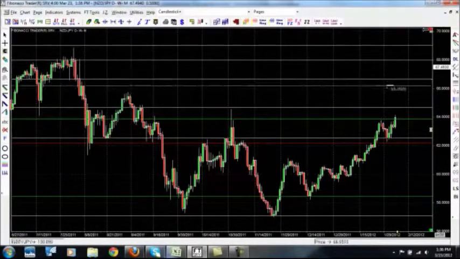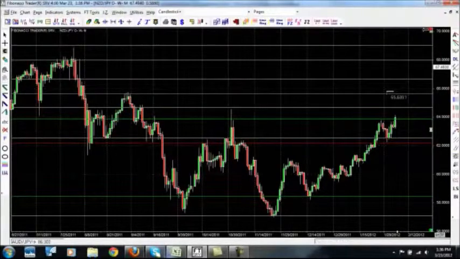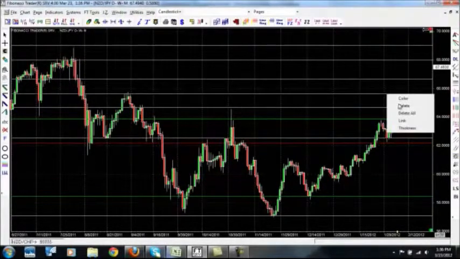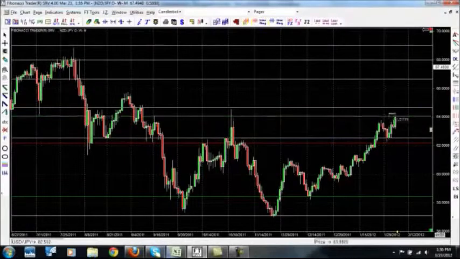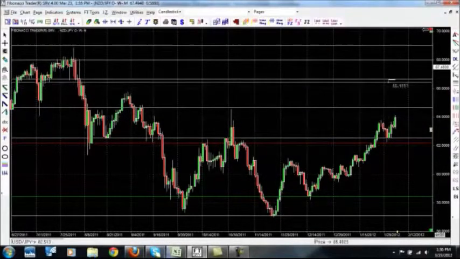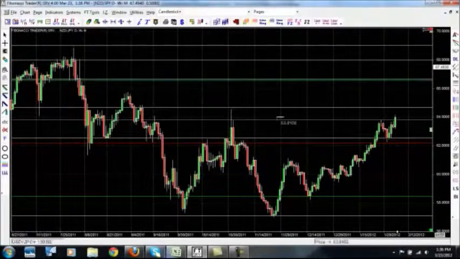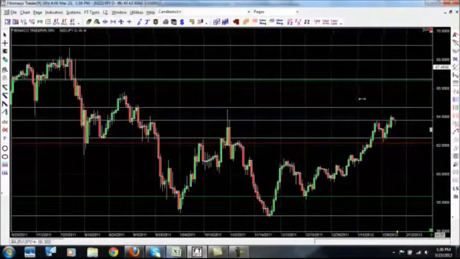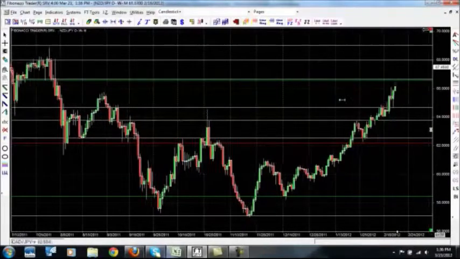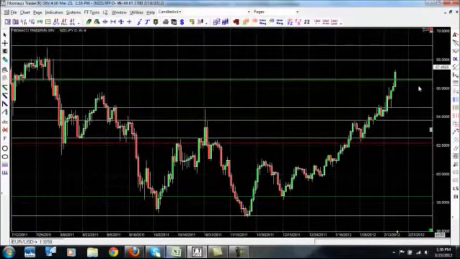Oops, I just moved the wrong line. We can delete that off. This is the one I want. Okay. So we're going to move that up in here. Actually, I need to draw that line back in because this helps me keep track of where I'm at. Okay. And we're going to see price move up, up, boom, hit a profit target again.